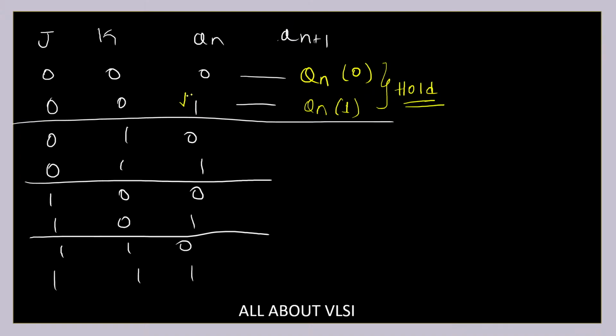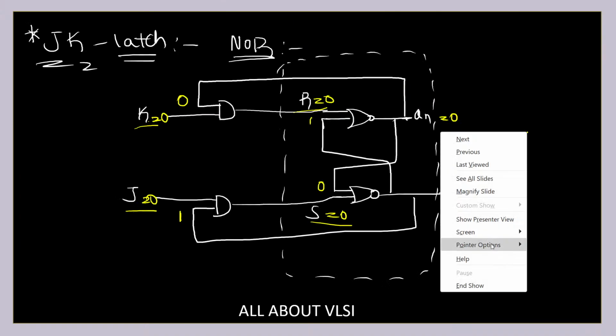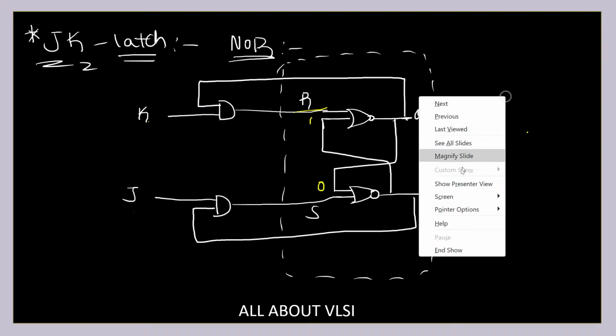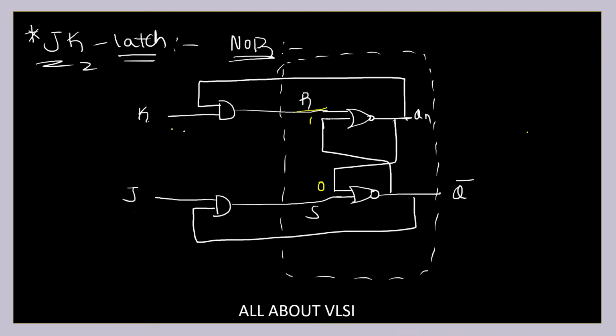Now let's see the next condition where J is equal to 0 and K is equal to 1. So let me erase this quickly. So we have J is equal to 0 and K is equal to 1.